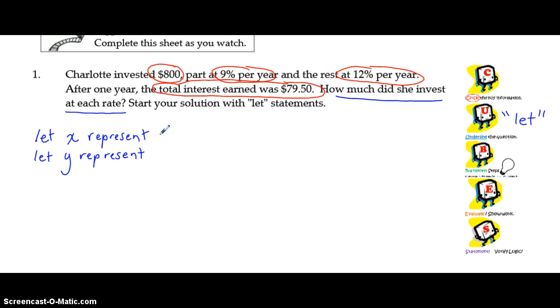So let X represent the amount invested at 9%, and let Y represent the amount invested at 12%.